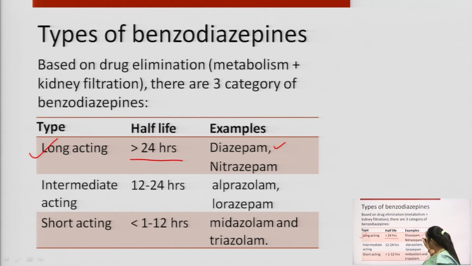Examples are diazepam and nitrazepam. Some are intermediate acting, almost 12 to 24 hours, like alprazolam and lorazepam, and some are short acting, that stay in the body almost 1 to 12 hours, like triazolam.